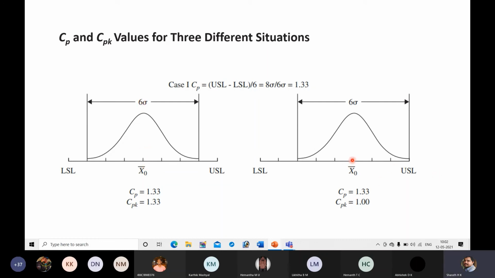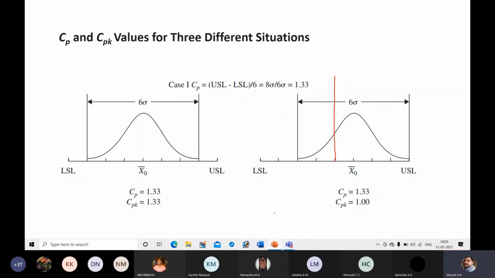In this case the process is off centered, that means you are not getting the peak of the curve at the target, so it is shifted. This is the target, but it has shifted.